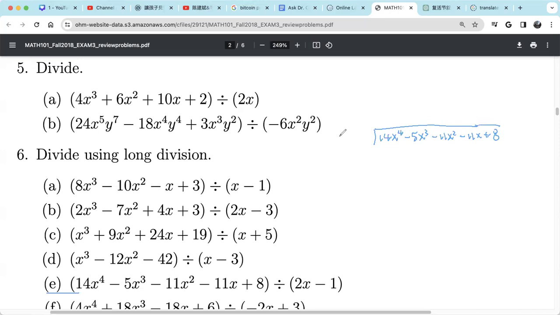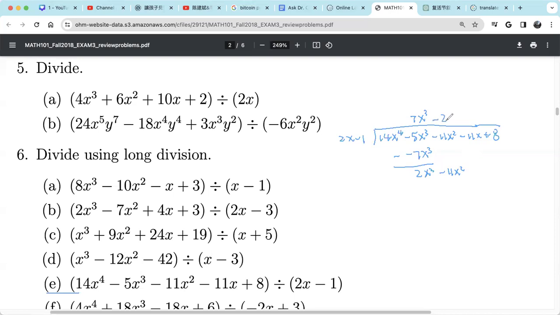The divisor is 2x minus 1. Okay, so 14x raised to 4 divided by 2x, that's 7x cubed. Then minus 1 times 7x cubed. Minus becomes plus. So 2x cubed minus 11x squared.